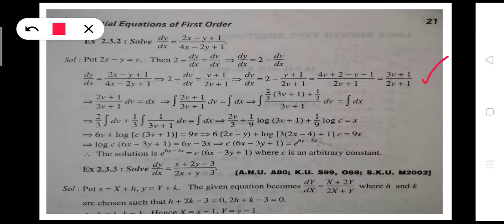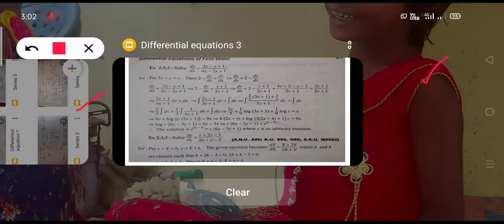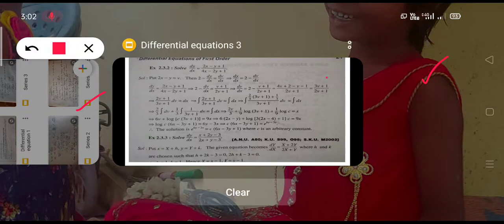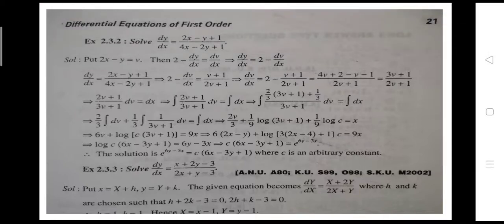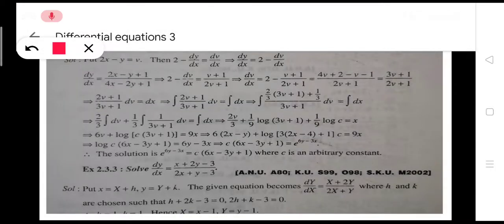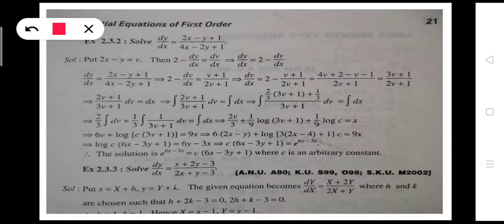Now separate the v terms on one side and the x terms on the other side. We can write it as (2v + 1) by (3v + 1) dv is equal to dx, and this is in the form of the variable separable method. Now integrating, the integral of (2v + 1) by (3v + 1) dv is equal to the integral of dx.